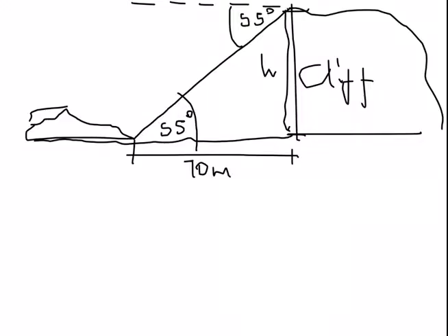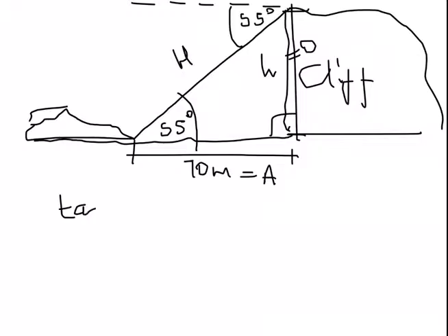Then something they would want you to calculate is the height of the cliff. We do have this side. It is our adjacent, because the 90 degrees is there. Then obviously this is our hypotenuse, and what you are looking for is actually the opposite. So it looks like tan is what we are going to use.